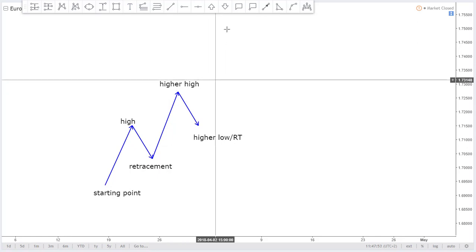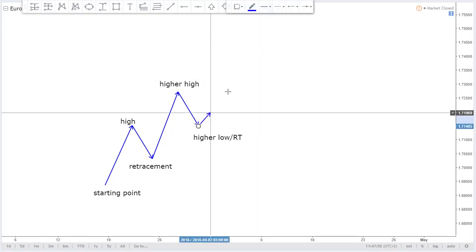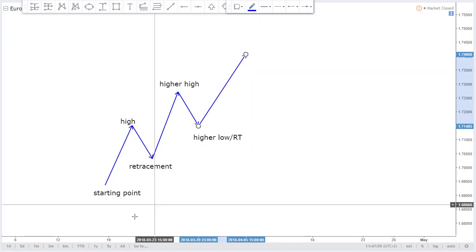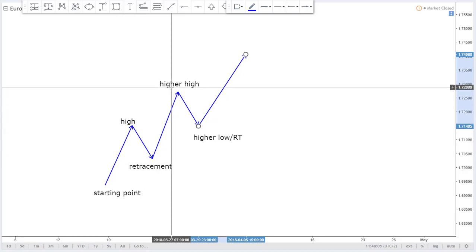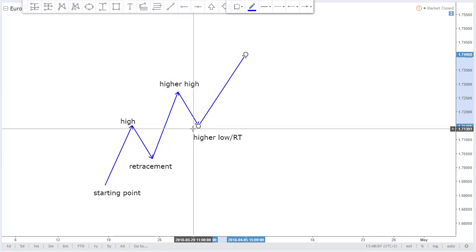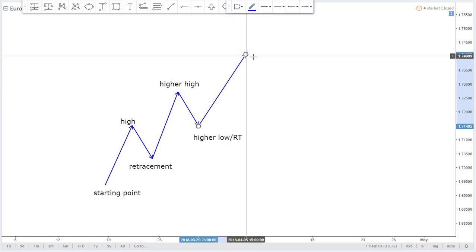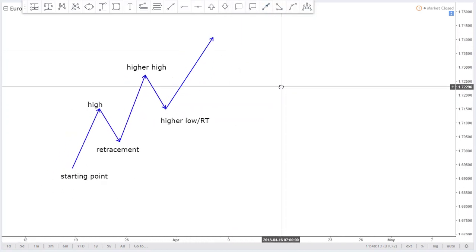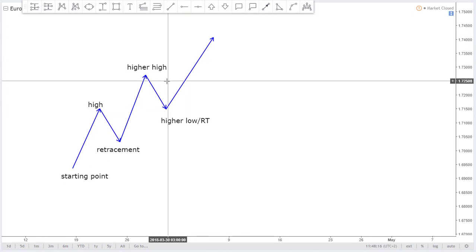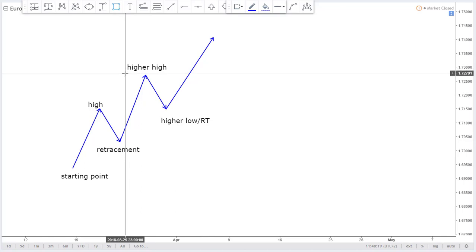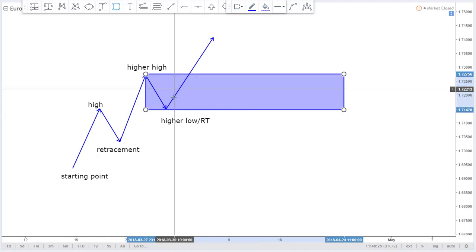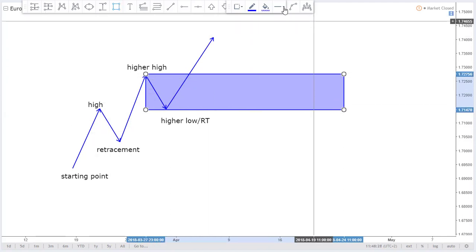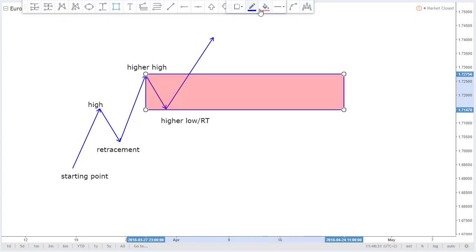And then we have an extension, which is our higher high. So we have our starting point to our high, retracement, extension, higher high, retracement, higher low, and extension to a higher high. If you are a trend continuation type of trader, you would want to have a look between this level of structure, knowing that if price does get into this level of structure, then we have a valid buying setup that could be met over these levels of structure.